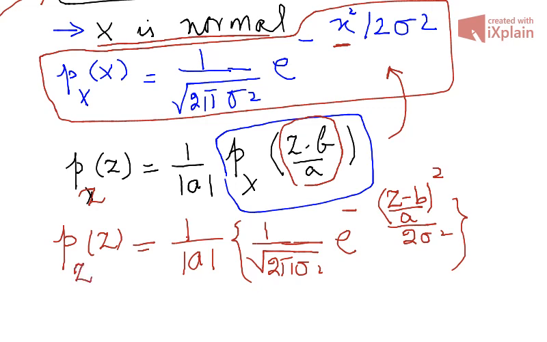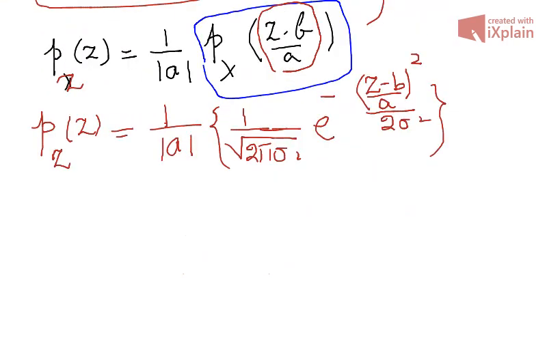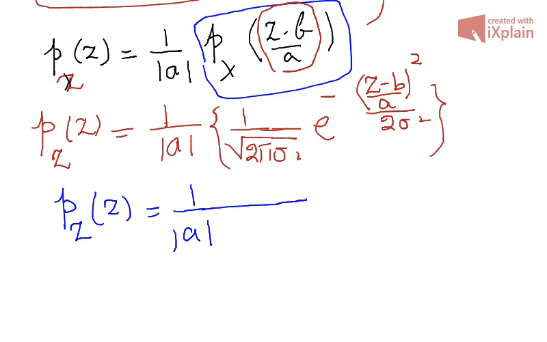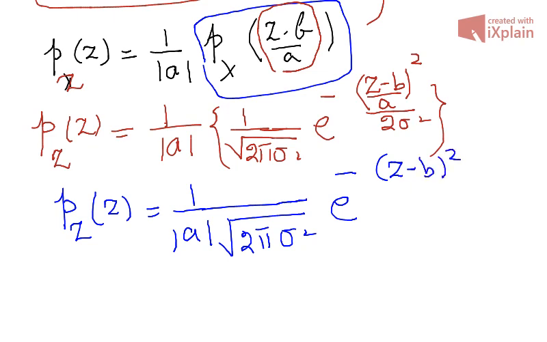This is the PDF of z. Now if I just rearrange the terms which appear in this exponent, we can say that the PDF of z is actually equal to 1 over mod a, and this is also constant, 2 pi sigma square, and this is e raised to the power minus (z minus b) whole square over 2 times a square sigma square.